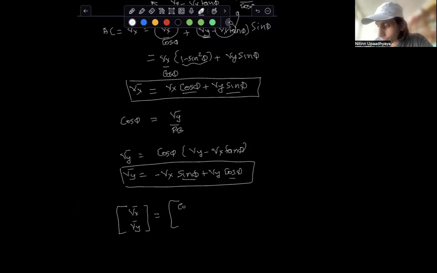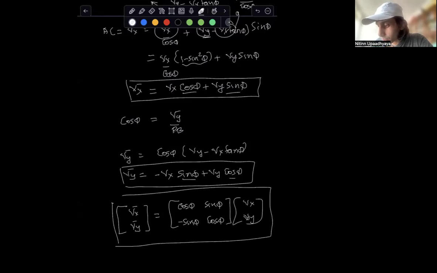So I can have cosine phi here, sine phi here, minus sine phi, cosine phi. When this matrix multiplies the original vector components, we end up obtaining the new vector components. And this is what is called the rotation matrix.